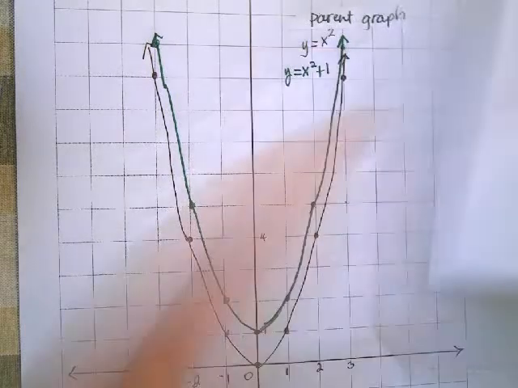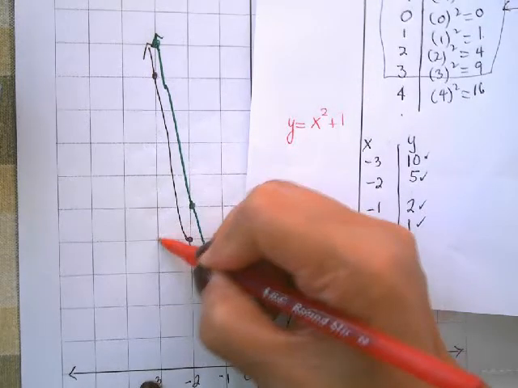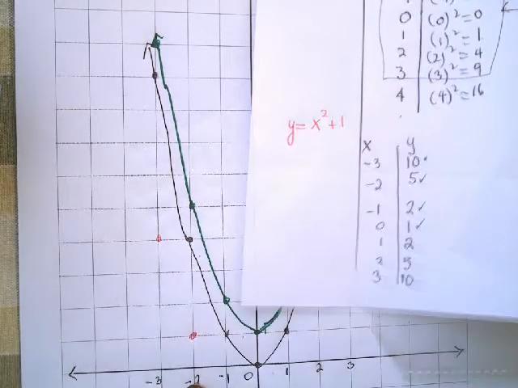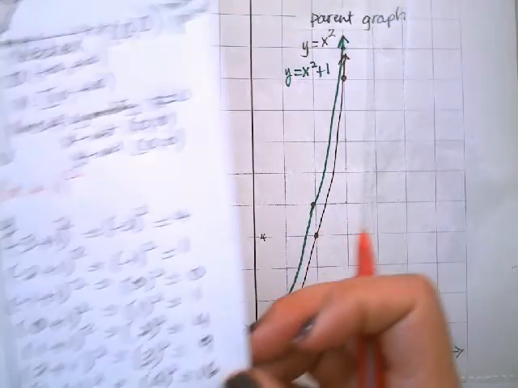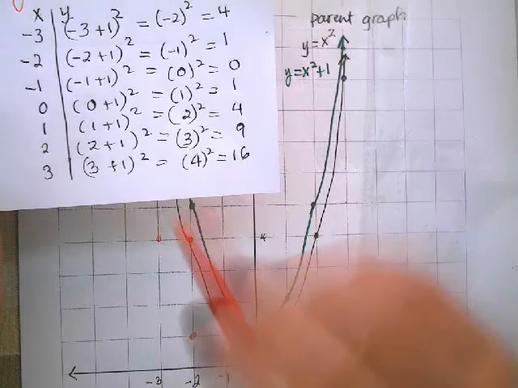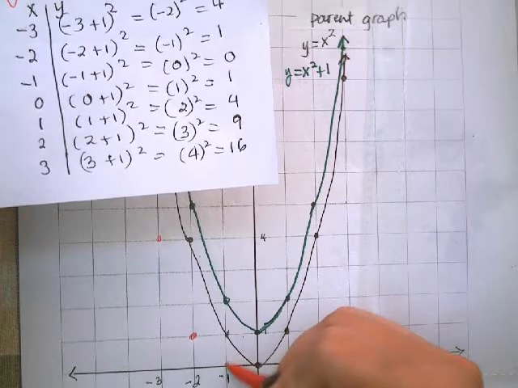So negative 3, 4. Negative 2, 1. I'm following the table that we did before.